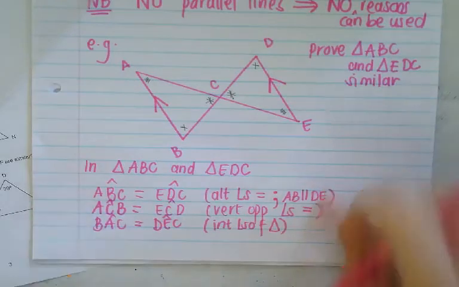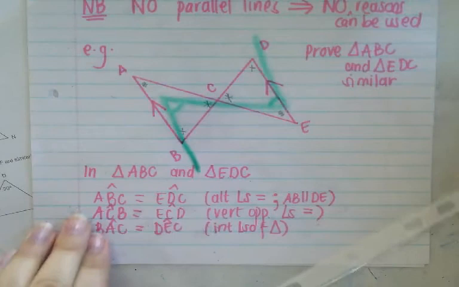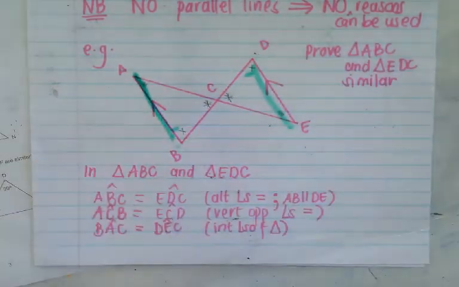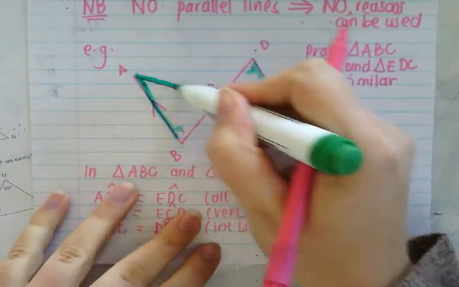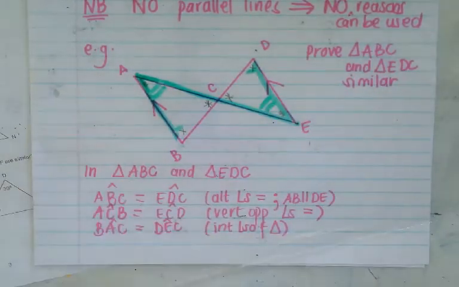Was there something else that we could have used instead of the interior angles? Remember we have parallel lines, right? I could have used alternate going in the other direction. So that would have also been perfectly good as an answer.